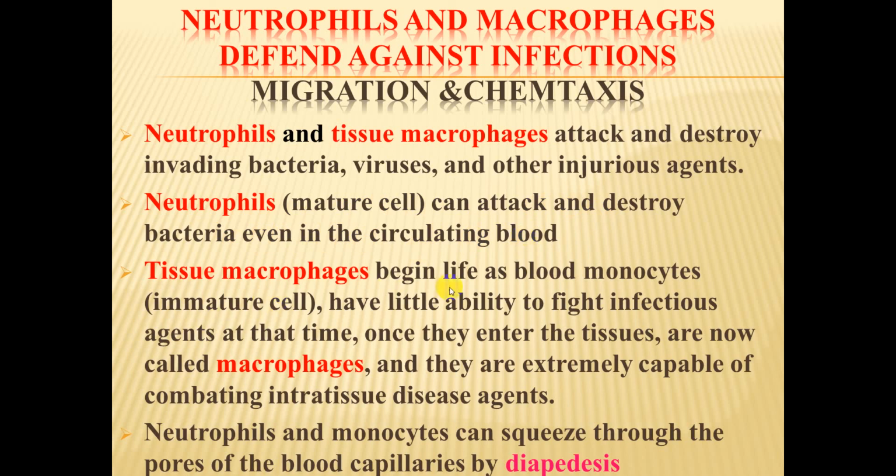Tissue macrophages begin life as blood monocytes, which, as we said, are the immature form, then undergo maturation to tissue macrophages. Monocytes have little ability to fight infection. Once they enter the tissue they are called macrophages, and they are extremely capable of combating intra-tissue disease agents.